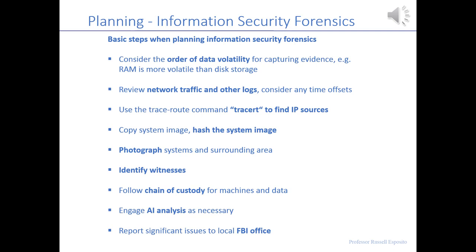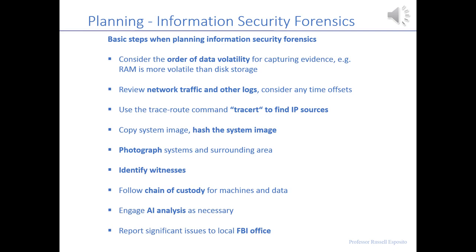So you don't shut computers off because you want to be able to examine the memory, the random access memory, or any of the volatile data, temporary files, those kinds of things. Network traffic and logs need to be reviewed and retained. Trace route could be used to trace through the network to see where IP addresses may have come from. It's a certain network command, trace route.